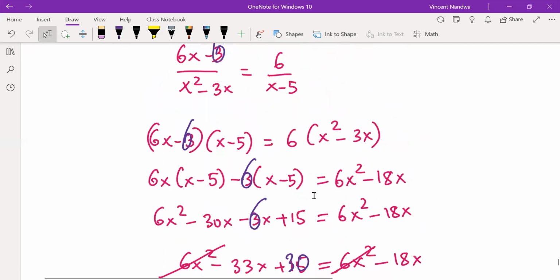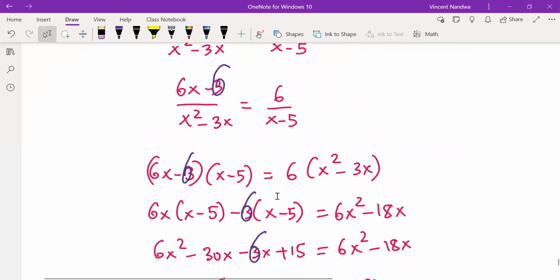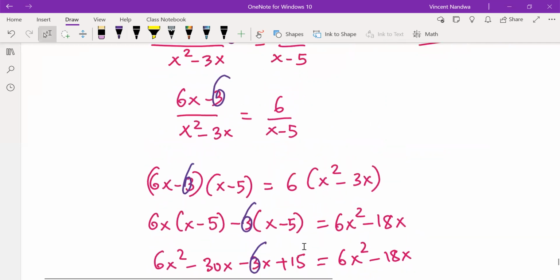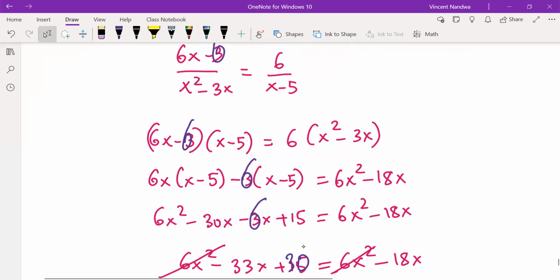And at this point, remember we have (6x minus 6) multiplied by (x minus 5). So we have minus 6 minus 30x.